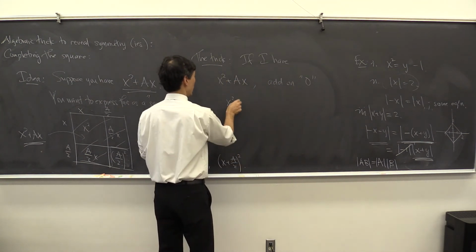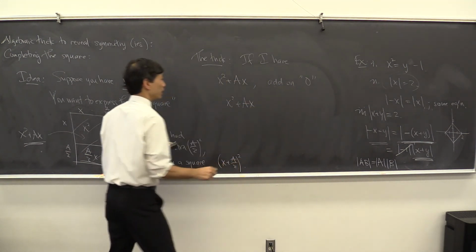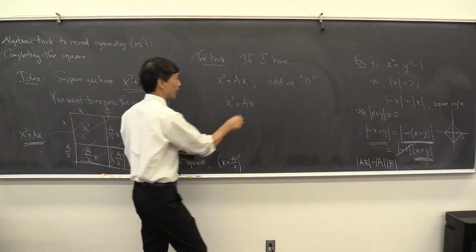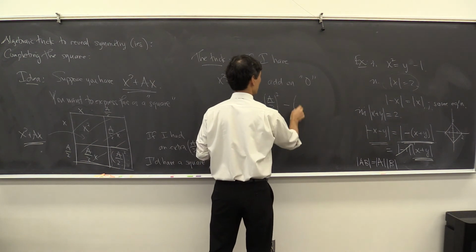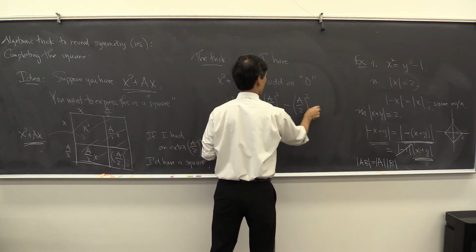My 0 is going to look like this: this thing squared minus this thing squared.